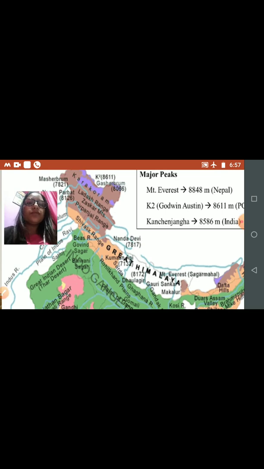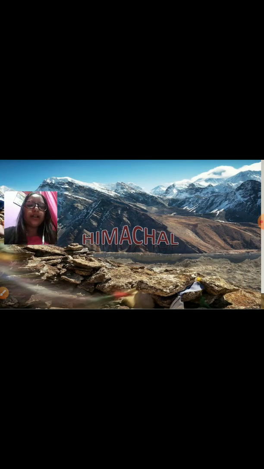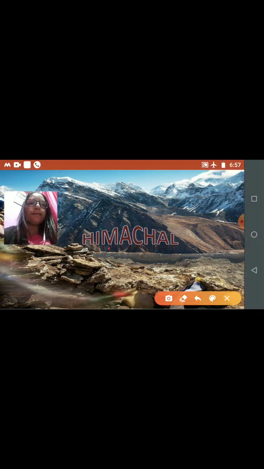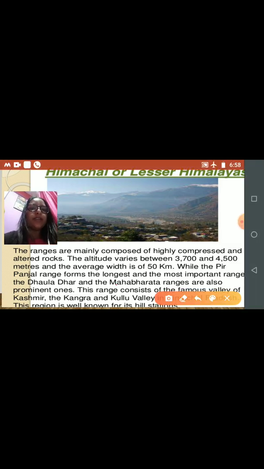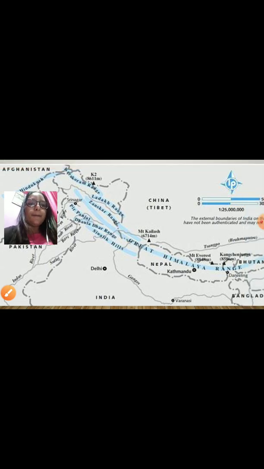Now let's move to the Himachal, or the Lesser Himalayas. See all the important peaks given here, but let us see it on the map.